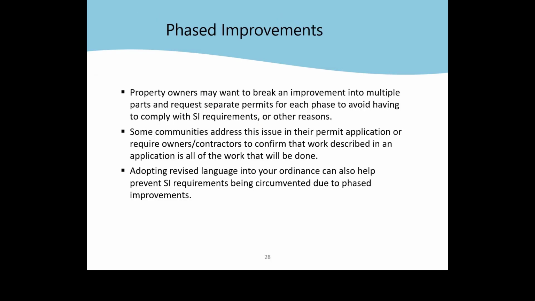The thing to be aware of with substantial improvement, unless you have something specifically in your ordinance about tracking or recording improvements over time, is that you really need to be careful if someone's coming in and wanting to do improvements. A lot of times people find out about the 50% rule and are trying to stay under it so that they don't have to comply with the ordinance.